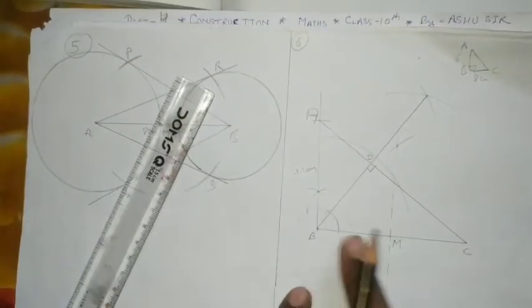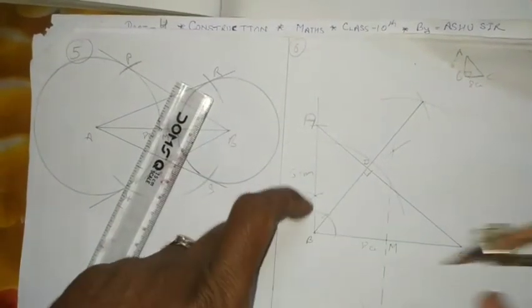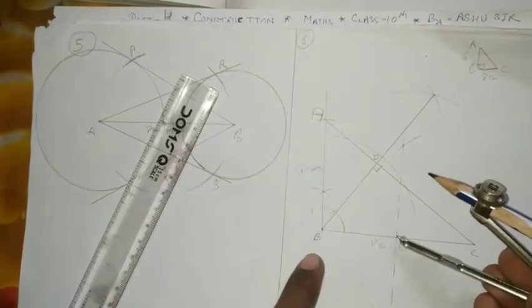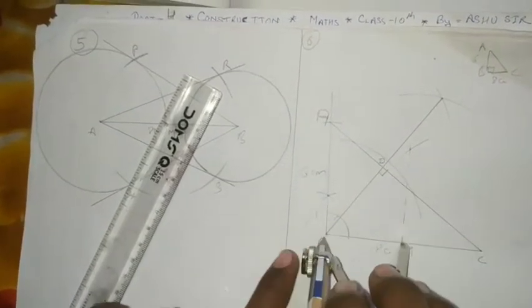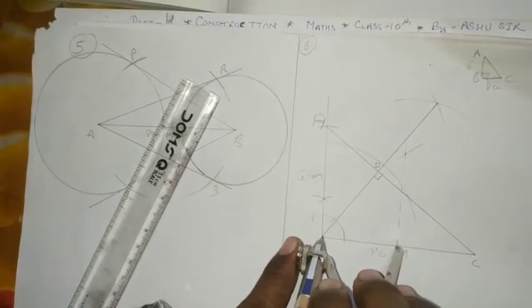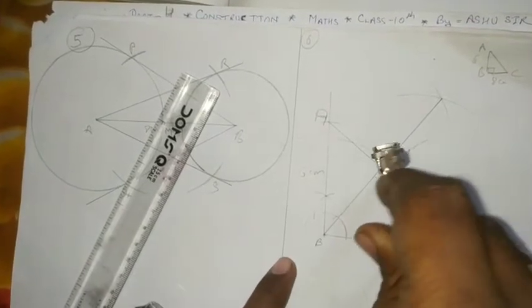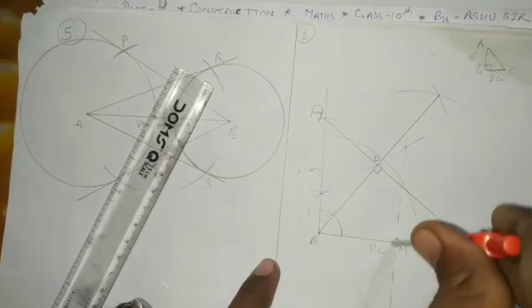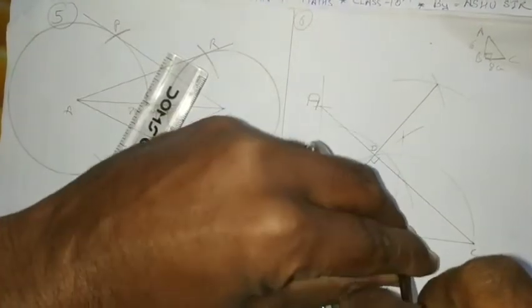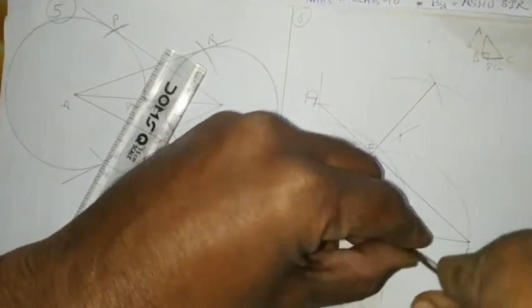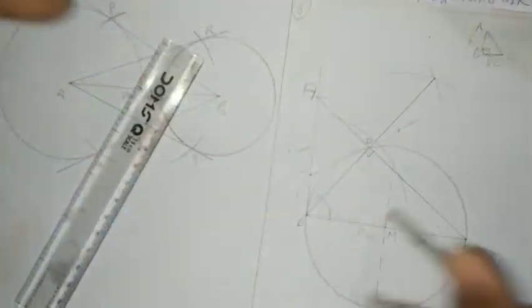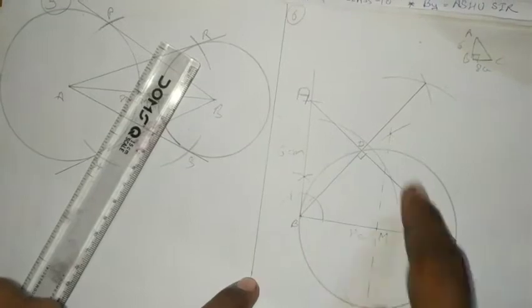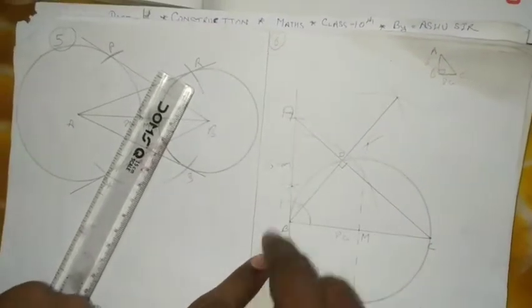M is the midpoint of BC. That means M is the center of the circle which is passing through B, C, D. Taking M as center and MB as radius, you can check, this circle is passing through all 3 points B, C, D.